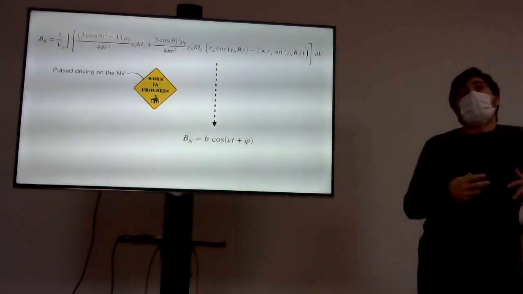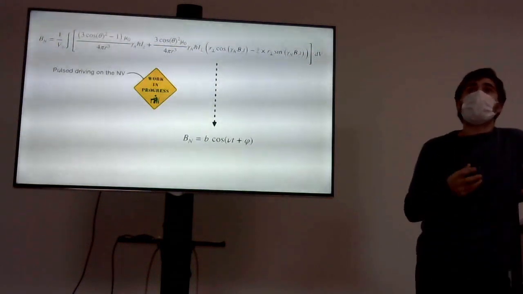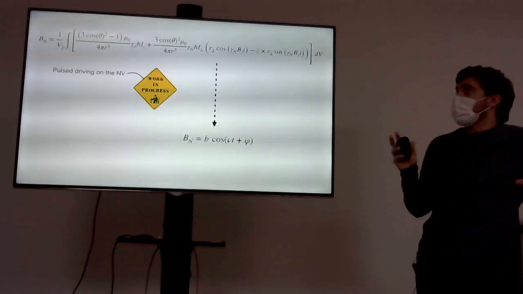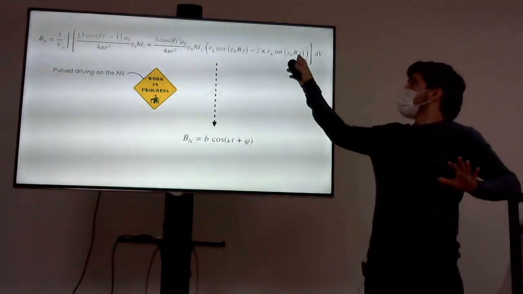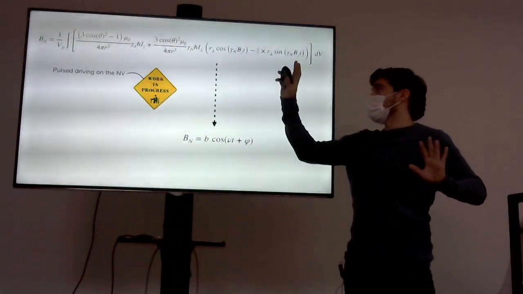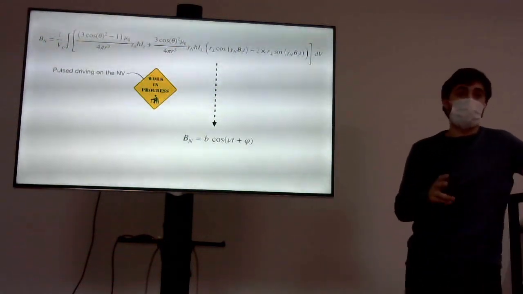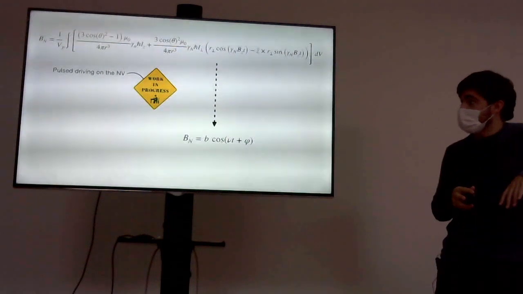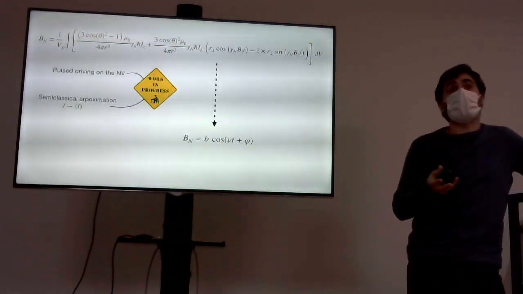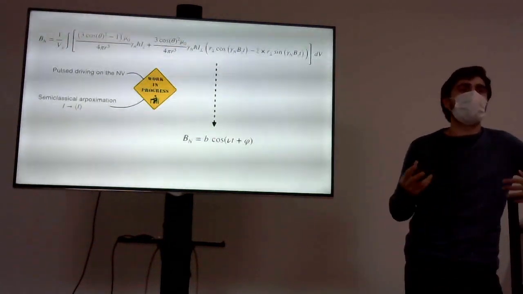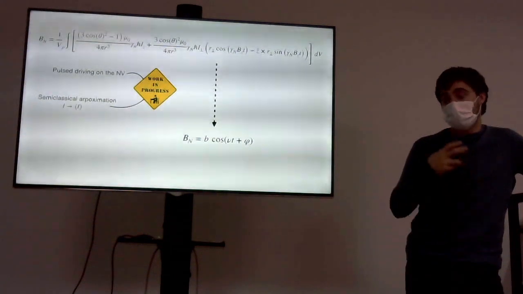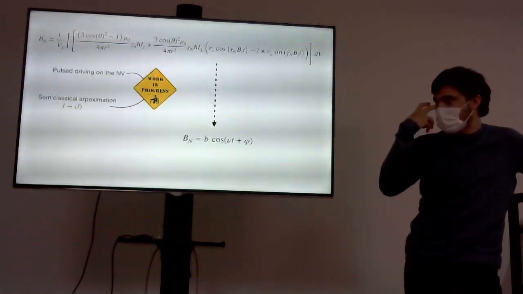First, you start by assuming that you are going to drive your NV with a certain control sequence. This basically allows you to discard either this odd oscillating term or this even oscillating term, depending on the symmetry of your driving. Then you perform a semi-classical approximation. That basically means you exchange the operators by the expectation values.